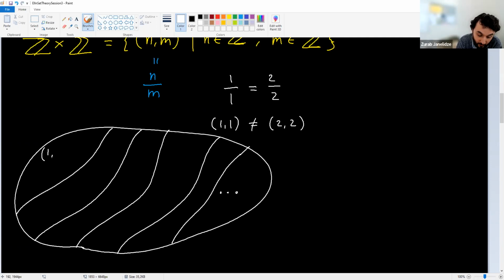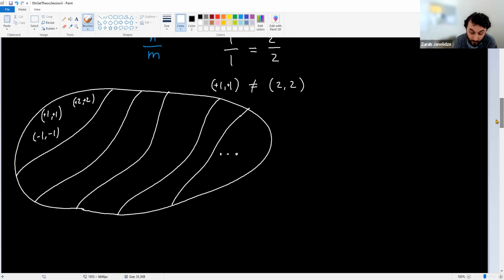So the pair (1, 1) will go in the same group as the pair (2, 2), and also the pair (minus 1, minus 1). Of course, by 1 now we mean plus 1. So maybe I should be a bit more careful here, the way we define it in a technical manner. In general, when will n over m represent the same fraction as k over l?